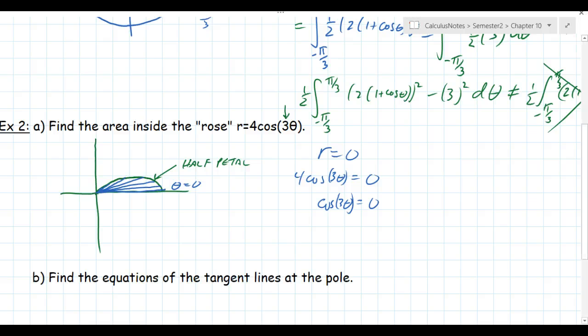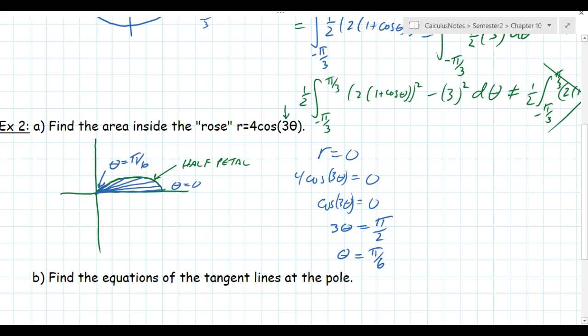Pi over 2. Okay, we want pi over 2 to be inside the cosine function to make 0, so that means 3 theta would have to be pi over 2, and so, as Kevin said, theta equals pi over 6 gets us back to the pole. So this ending point corresponds to theta equals pi over 6.